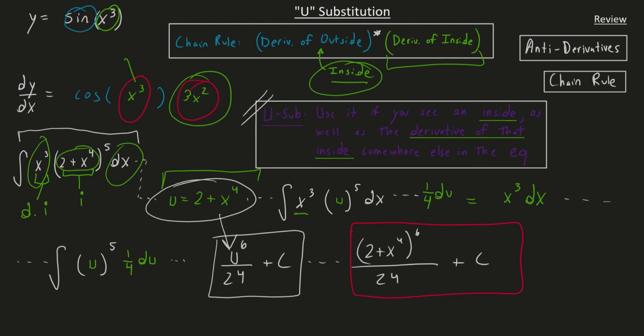So basically, once you found your u, once you found the inner and the derivative of that inner elsewhere in the equation, like we see here, the name of the game is rewriting your equation. Get all the x's out of there and the u's in. And what you'll end up with is an integral that's a lot easier to do.